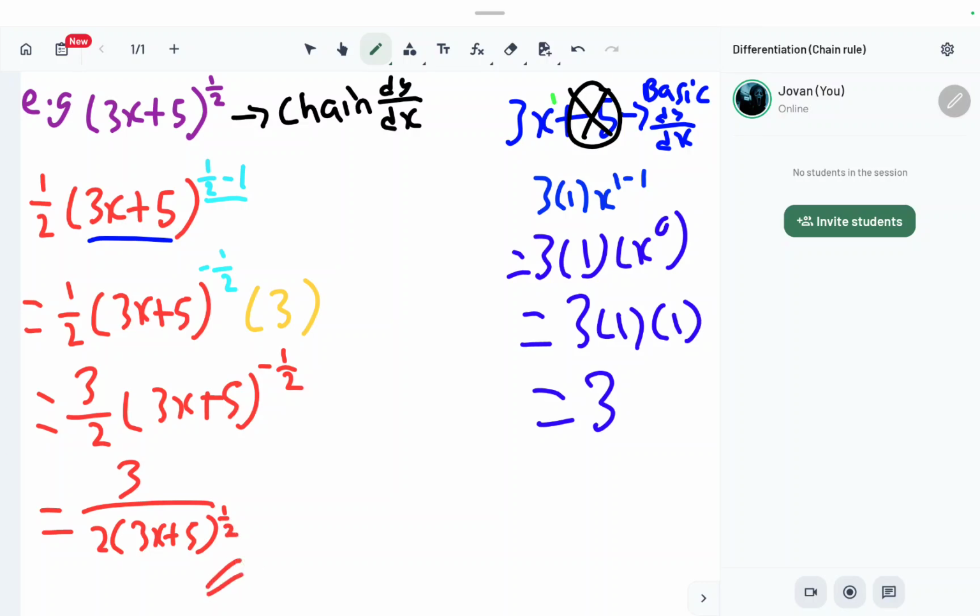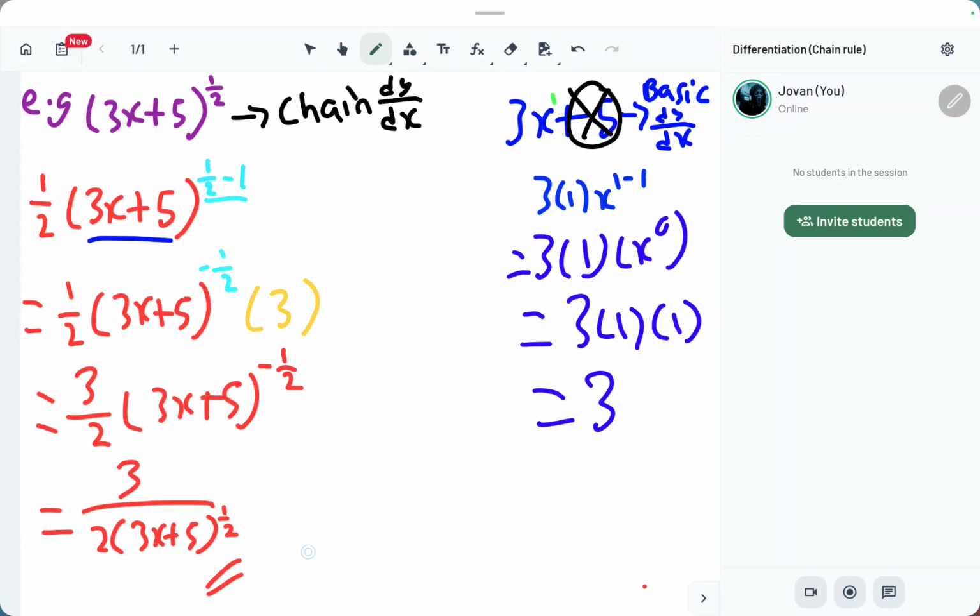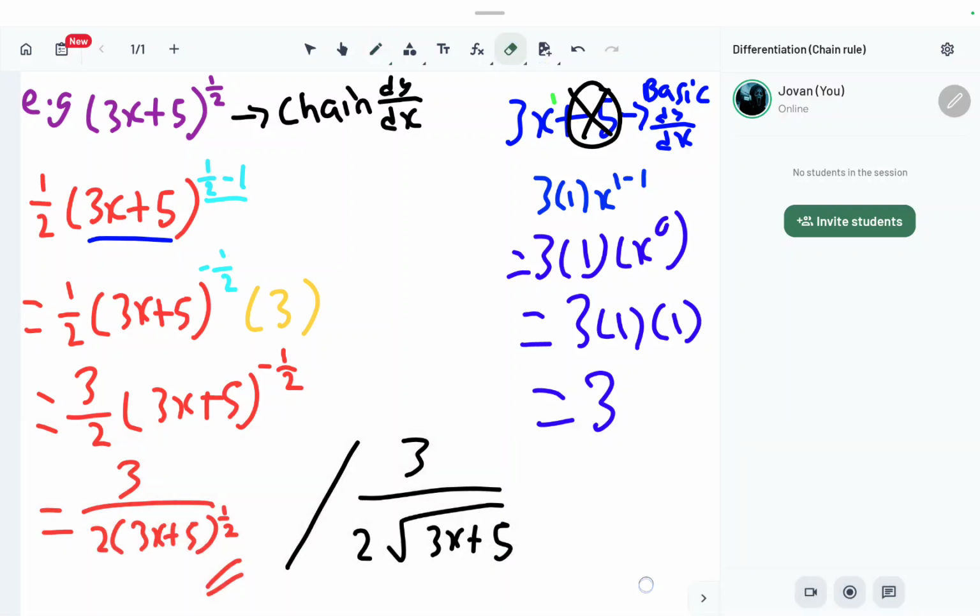For me, I leave my answer here, good enough already. But you can leave your answer in another way: 3 over 2 square root 3x plus 5. You might wonder why square root, because remember square root x is x power half.